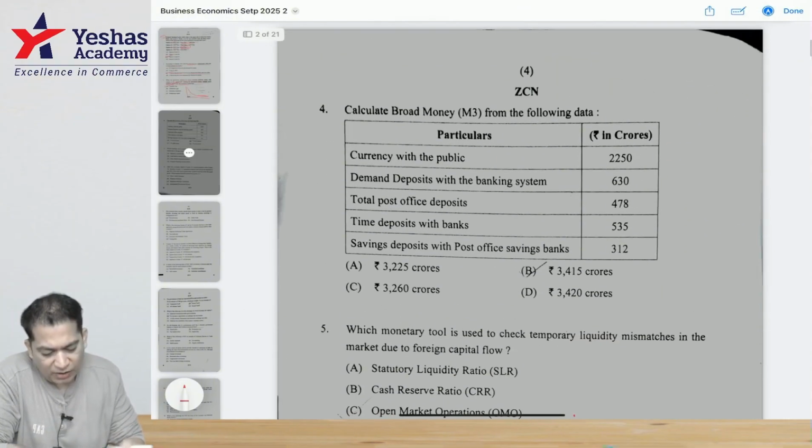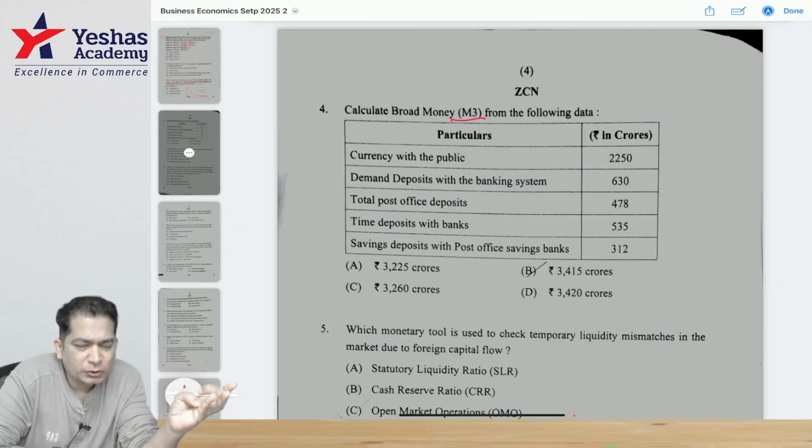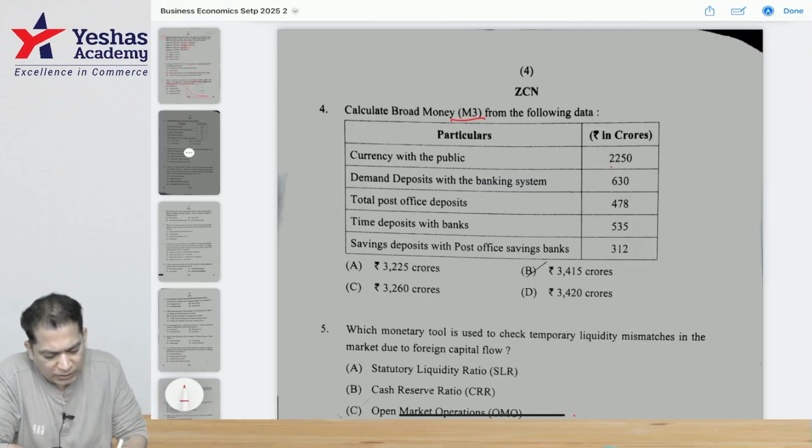Then you have to calculate M3 here in this case, broad money. M3 is what? M1 plus what else? M1, if you add post office saving deposit, it will become M2. But if you add time deposit with the bank, it will become M3. So currency with public, that is 2250.